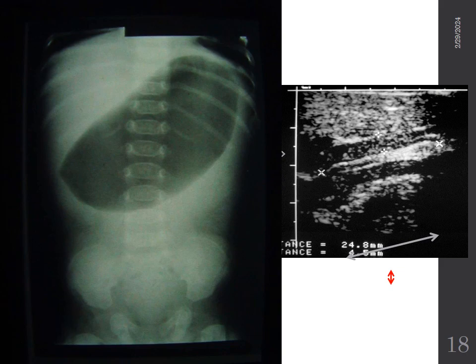So this is an X-ray showing severe gastric dilatation, and this is an ultrasonographic view. The doctor performing the ultrasonography measures the length and the width of the pyloric canal and gives us a report to see if we have a pyloric stenosis or not.